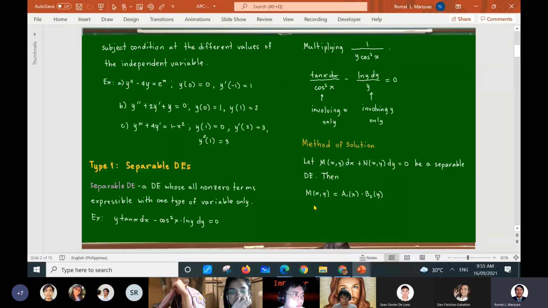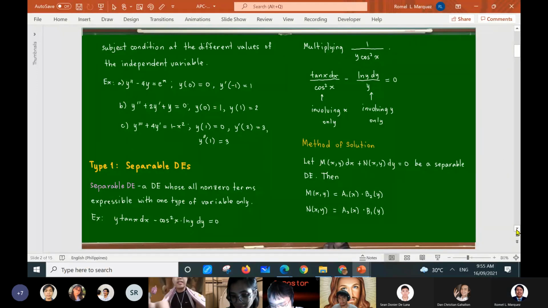So again, if I can express M such that it is a product of a function of x and a function of y, same thing for N of xy, if I can express N as a product of a function of x and a function of y, I will be able to separate this. Okay?